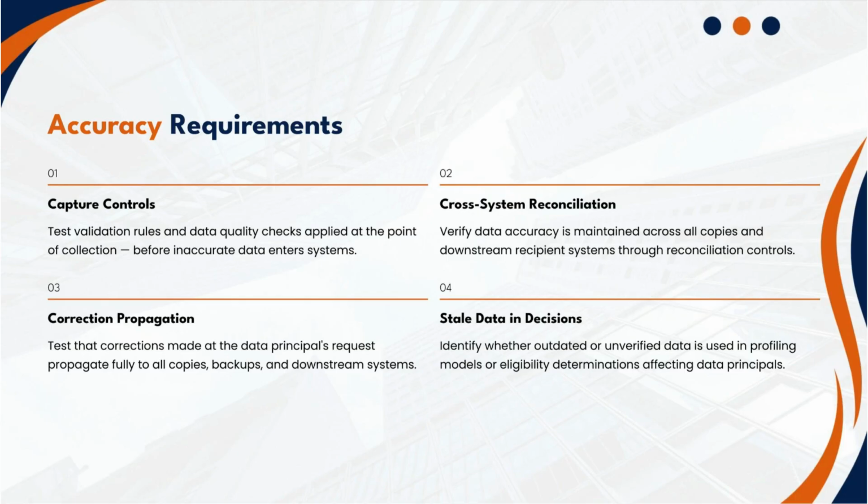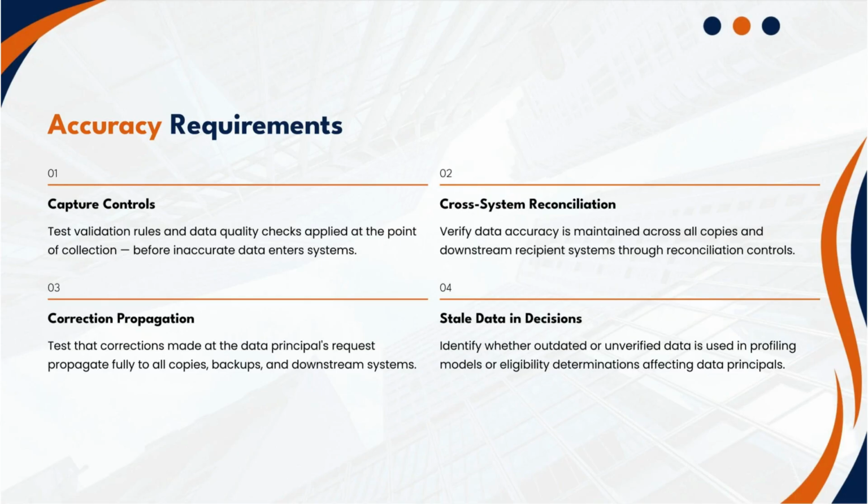So how do you audit accuracy? 3 angles. First, capture. Is there validation at the point of entry? Or can someone type anything into any field? Second, maintenance. When something changes, does the change propagate? I audited a client where updating your address in the mobile app corrected 2 systems out of 6.